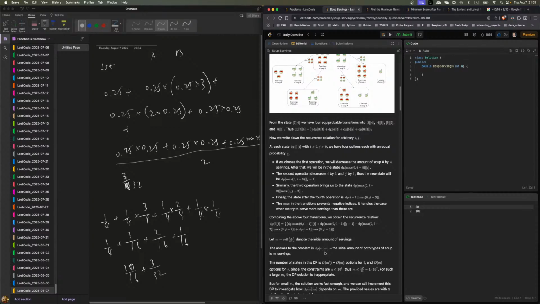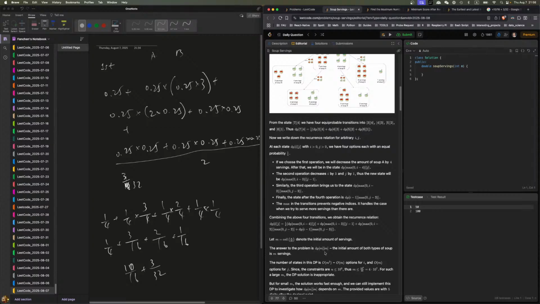I don't think this is minus. I think this is just to now minus the initial amount of both types of soup is m servings.